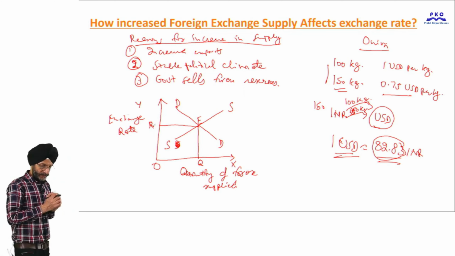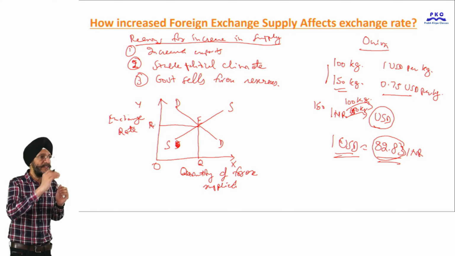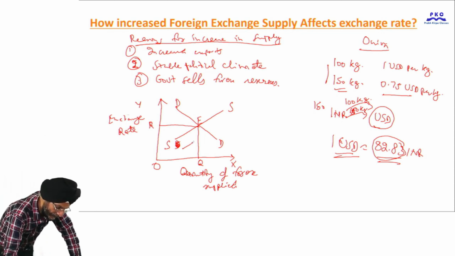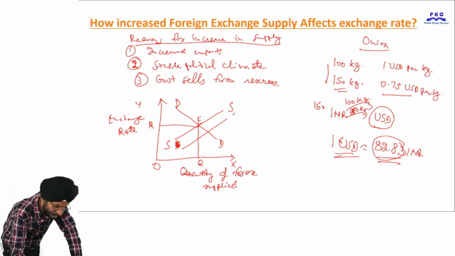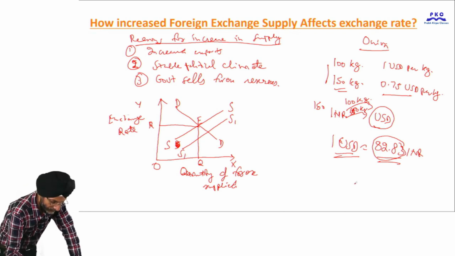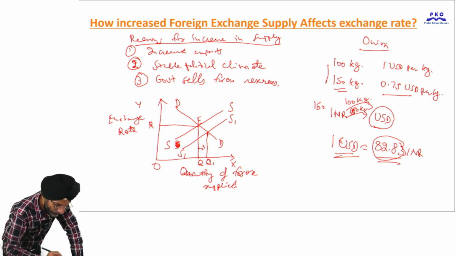So when there is increase in supply, what happens? When there is increase in supply, this supply curve shifts to the right and the supply curve becomes S1. So what happens? Supply has increased from OQ to OQ1.